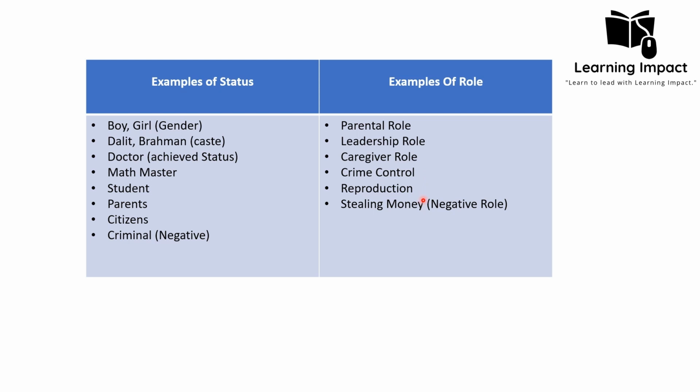And stealing money, as I said that negative status is possible, so negative role is also possible. If someone is a thief, the expected role from that person by society is that he will steal money. So this is all about the negative role, examples of status and role.